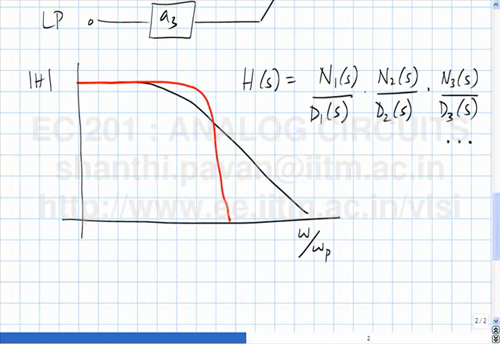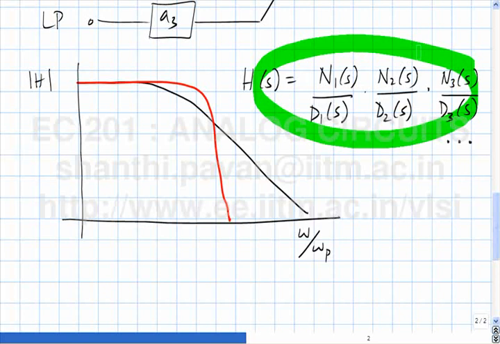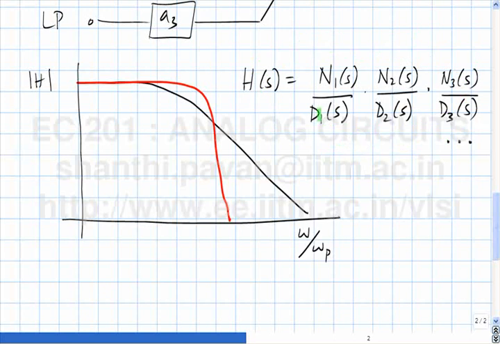So how would I realize this? I know how to realize this, and I know how to realize this, and how to realize this. I know that because all of these are biquadratic sections. So if I wanted to realize the composite transfer function, what would I do? I can simply cascade these sections. Okay.